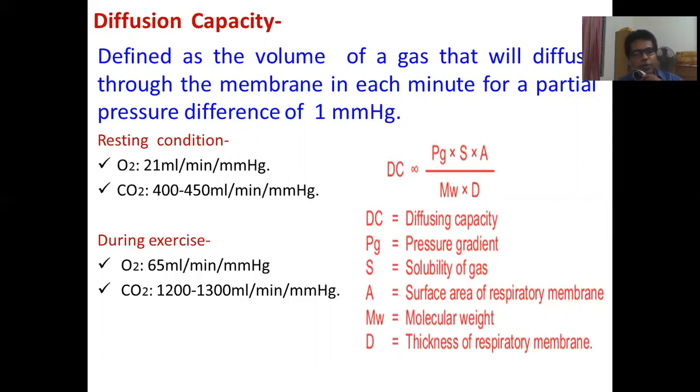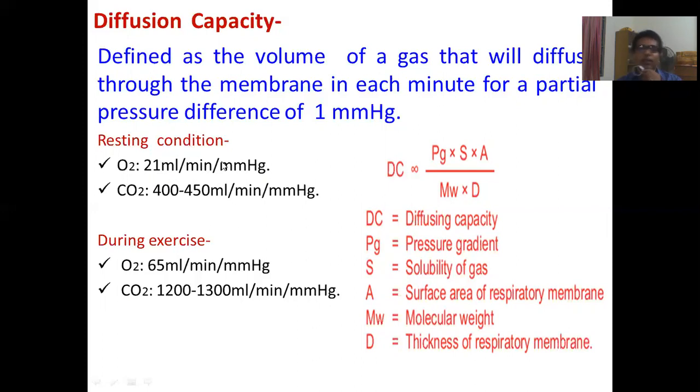Suppose in the resting condition, the diffusion capacity of oxygen is 21 ml per minute per millimeter of mercury pressure difference. So what does it mean? It means that when the partial pressure difference of oxygen across the membrane is 1 millimeter of mercury, that will allow the diffusion of 21 ml of oxygen in 1 minute.